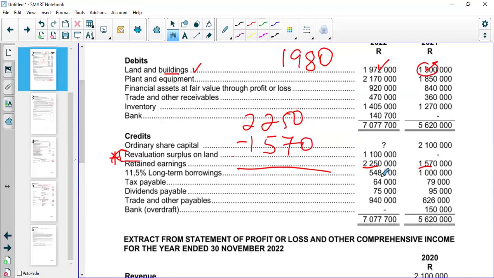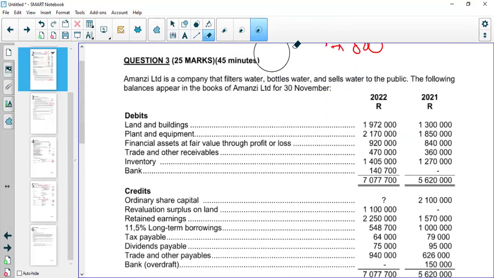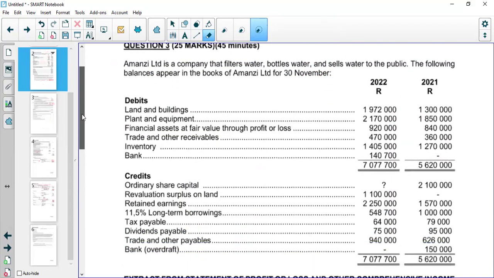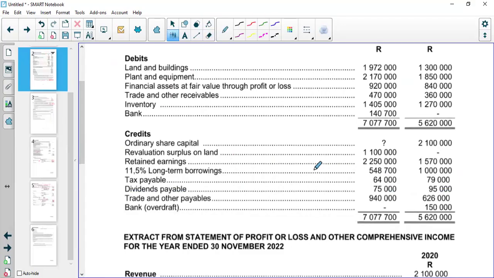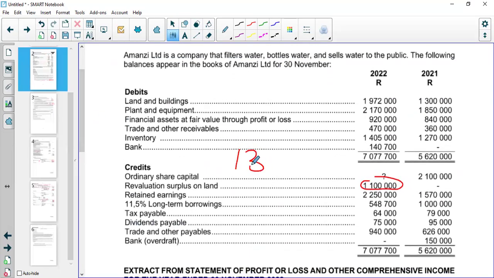Right. My apologies. Why aren't you helping me? I'm looking at retained earnings, and you guys are quiet. I'm thinking there was a movement in the revaluation surplus from last year to this year, but this is not. The revaluation surplus is 1.1. So we start at 1.3, right? And we add 1.1.